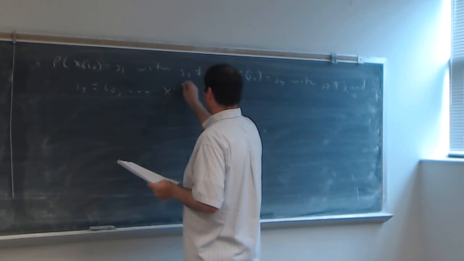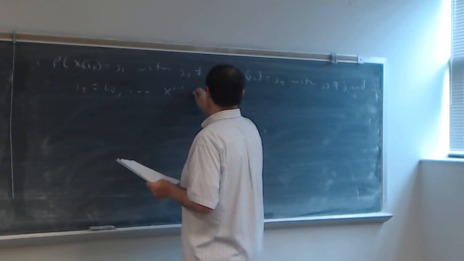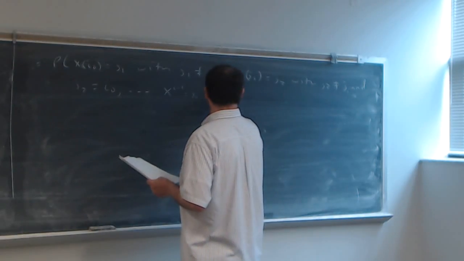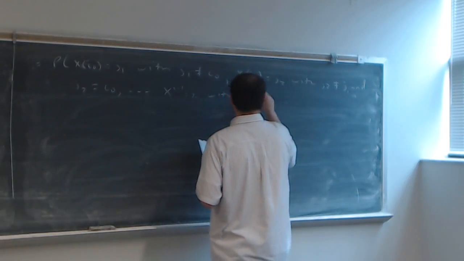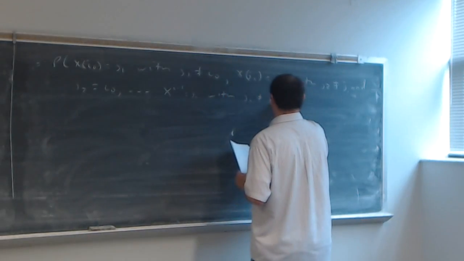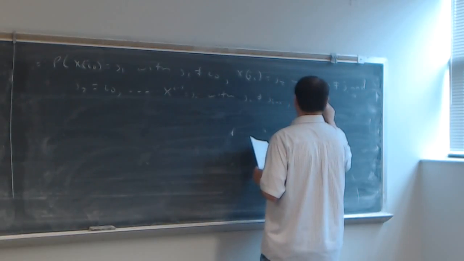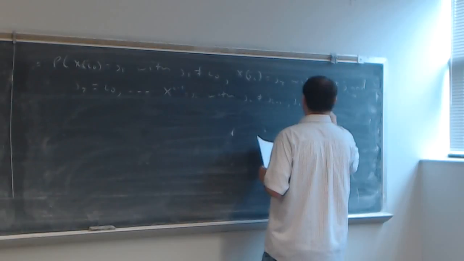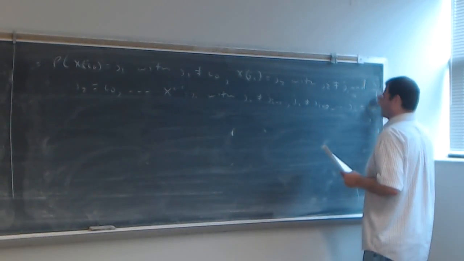All the way up to x of I minus 1 is equal to j sub I, with j sub I being different than j sub I minus 1, j sub I being different than j sub I minus 2, all the way down to j sub I being different than I sub 0.